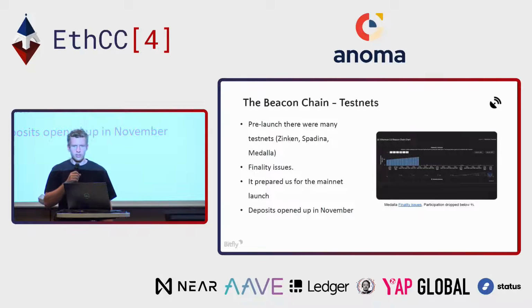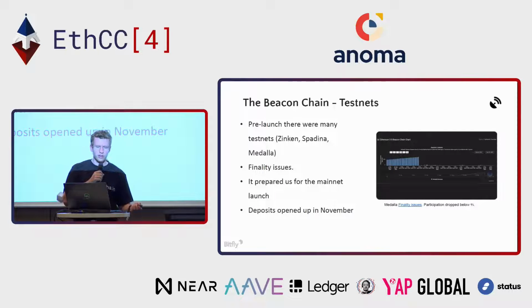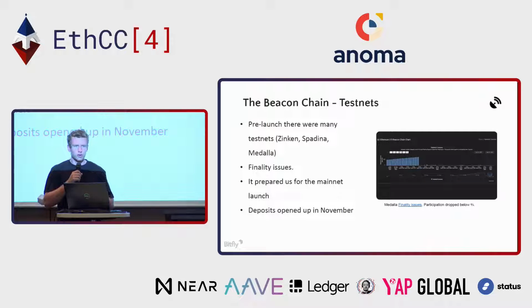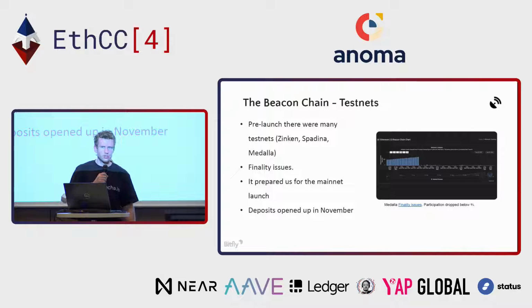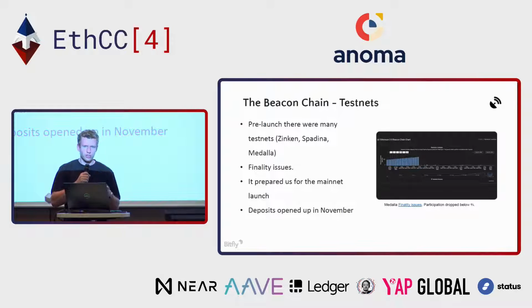And then a bit of the history we went through with the explorers, the different testnets that we supported. So we had a testnet for Zinken, Spadina, and Medalla. And these testnets were not always perfect. They had quite a few issues that were worked on by the client teams. For example, during Medalla, there was quite a long period where finality was not found because of a clock issue with Prysm, which was one of the main clients that was used.